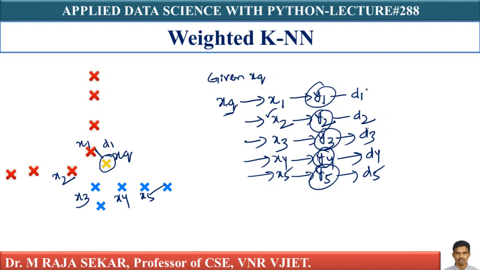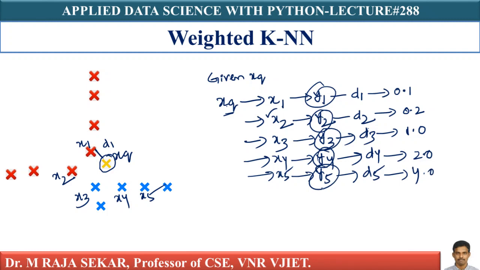Let's assume my d1 is very small, since this is my first nearest neighbor. Let d1 be 0.1, d2 be 0.2, d3 be 1.0, d4 be 2.0, and d5 be 4.0.